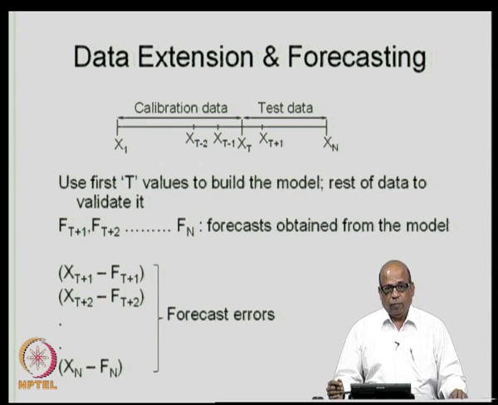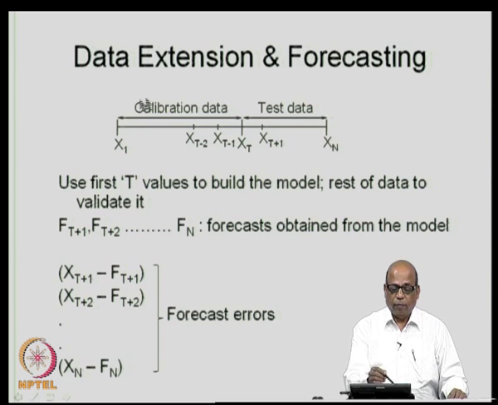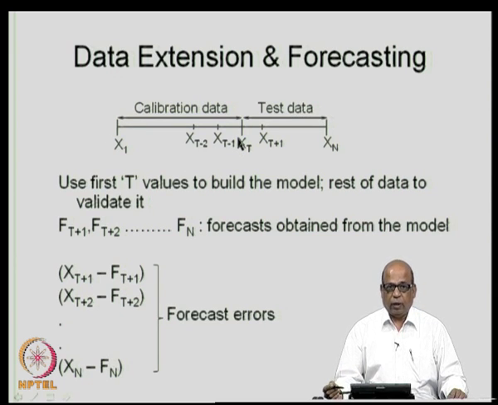But more formally, what we generally do is that any particular method that we want to use or any particular model that we would like to build for forecasting, we build it on the first part of the data, we call that calibration data.